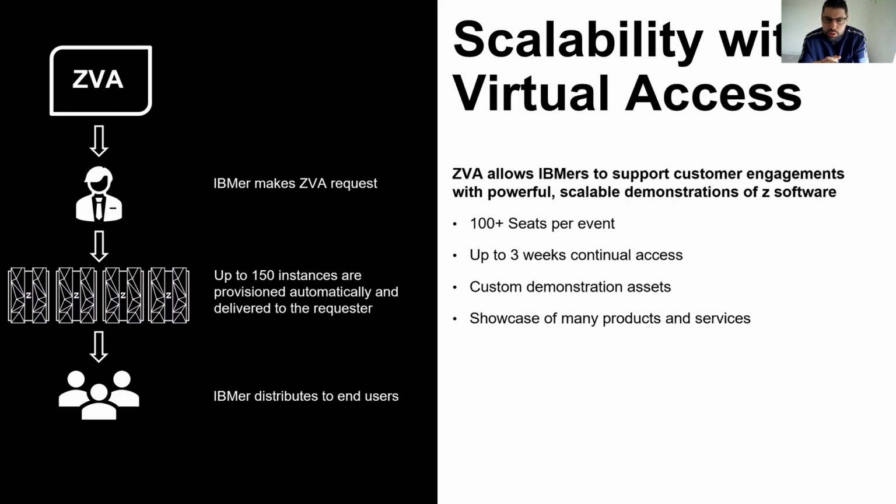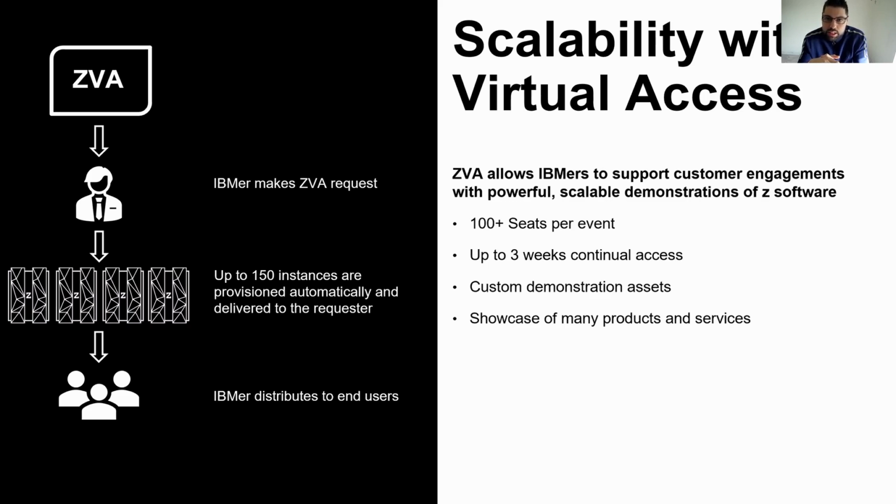This is only accessible at the moment by IBMers. The intention is hopefully to expand that to customers and business partners at some point in 2023, although it will require a kind of validation process for the requests. But that is not to say that it's not available to customers and business partners. It's done through an IBMer.